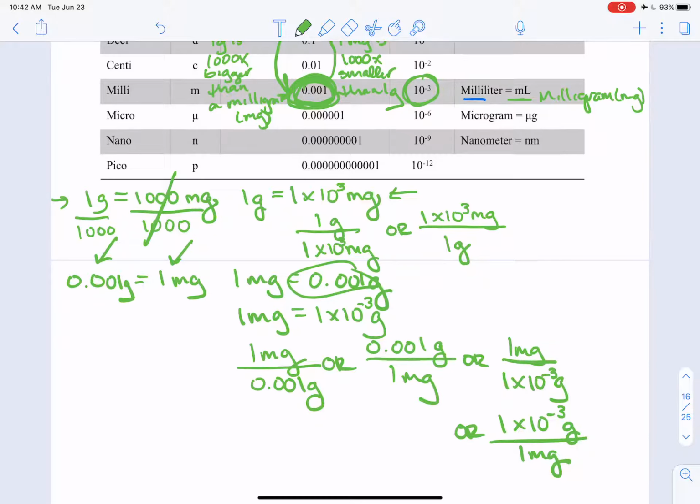Most students prefer to do the positive version and not do its scientific notation. So most students like to say, for every 1 gram, you've got 1,000 milligrams. So 1 gram per 1,000 milligrams, or 1,000 milligrams per every 1 gram. Okay, that's just fine and dandy.